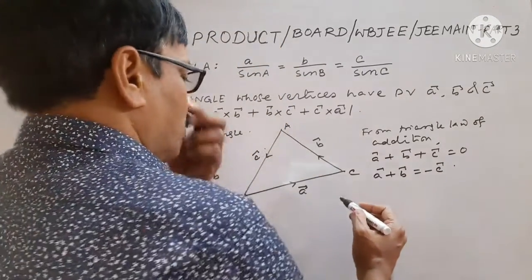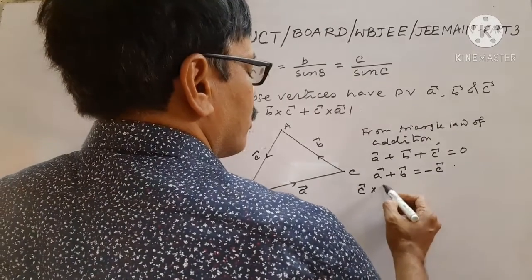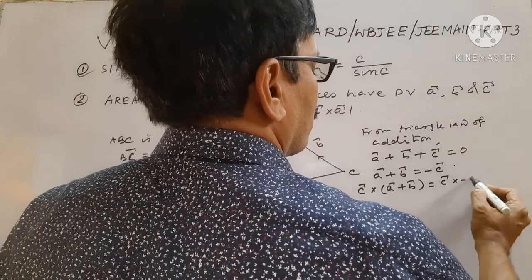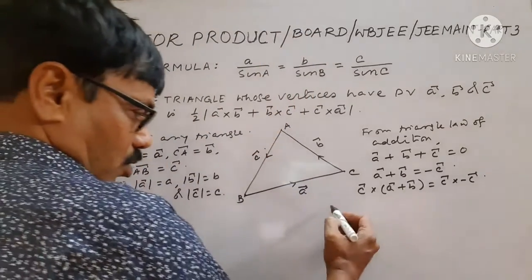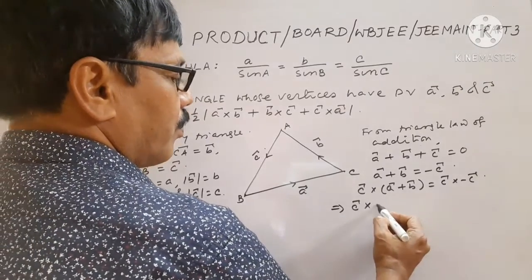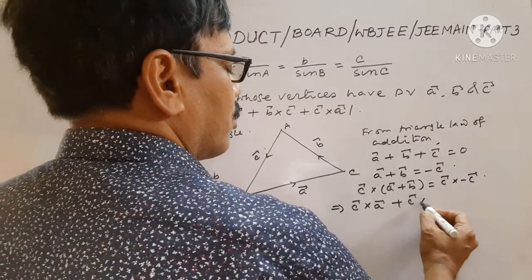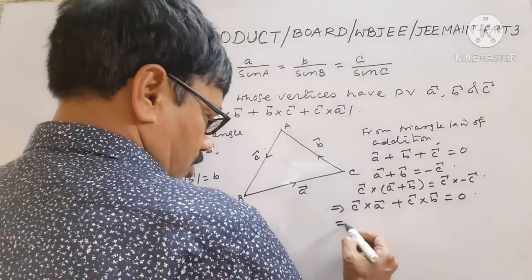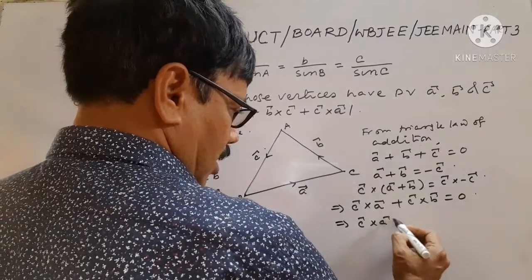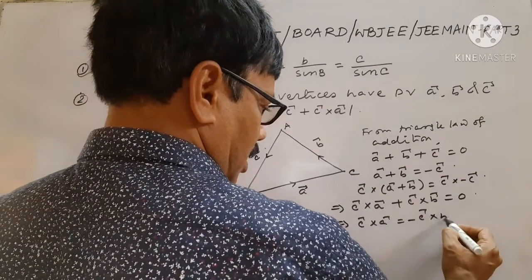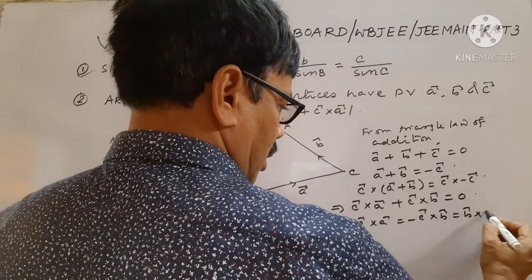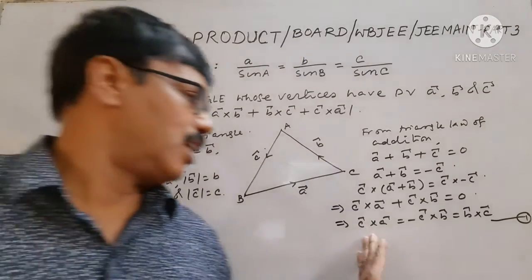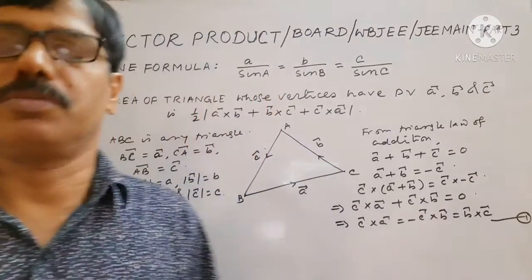Now taking cross product with C vector, C cross (A plus B) equals C cross (minus C). Now cross product is distributive. C cross A plus C cross B equals 0. Now C cross A equals minus C cross B, equals B cross C. This is anti-commutative. So in cyclic order, C cross A equals B cross C.